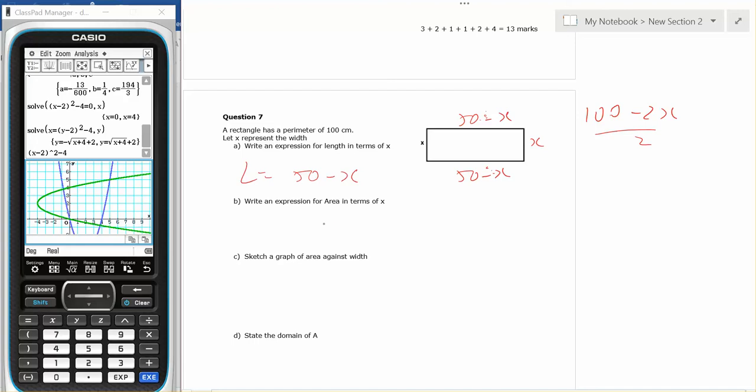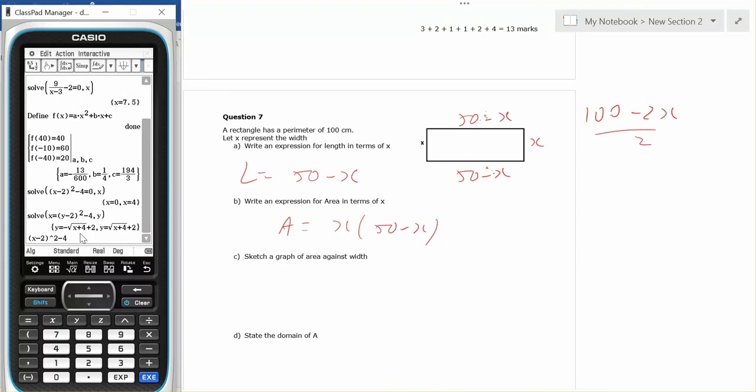Write an expression for the area: x times (50 minus x). Sketch the graph of area against width, so pretty straightforward. I'll just get rid of my graph. I want x(50 minus x). Make sure you press the multiplication button on the calculator, like this.